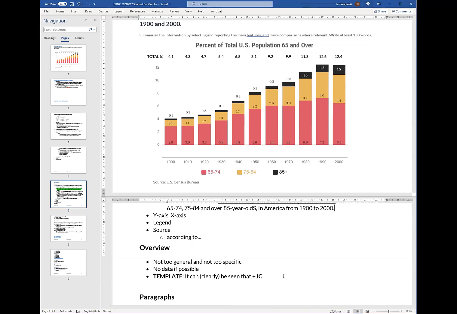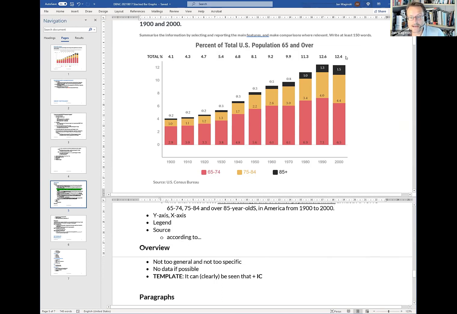The senior population is growing, was growing. Mm-hmm. And in total, we need to mention the total amount. Yes. So if this graph only had this very top total percentage, then what you said is enough. But it has all this other information too.